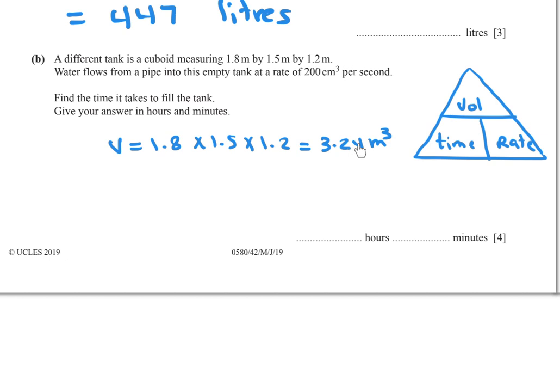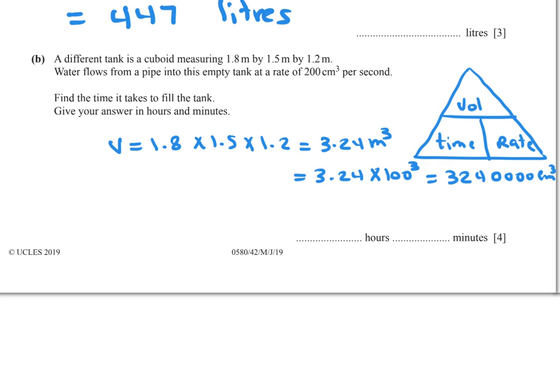From meter to centimeter, times 100. So from cubic meters to cubic centimeters, times 100 cubed. So now the volume equals 3.24 times 100 cubed, equals 3, 2, 4 and 4 zeros cubic centimeters.